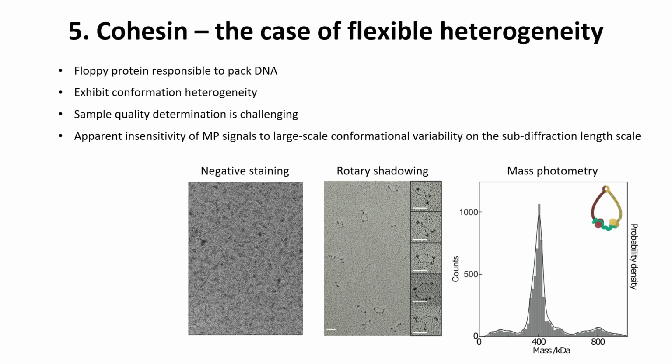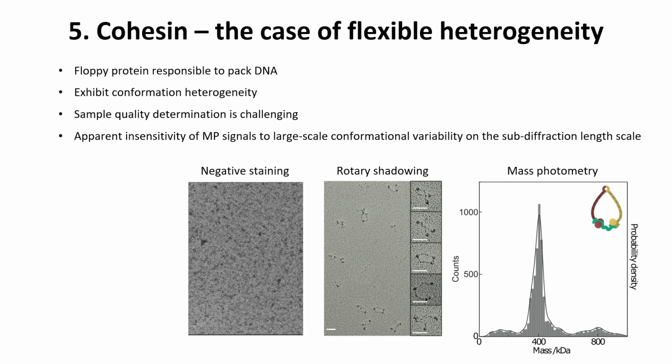Now, if you look at mass photometry, and here is the mass photometry of the same sample, you can detect that you have a really excellent sample. So mass photometry can quantify your mass heterogeneity without taking into account the structural heterogeneity. Of course, this is only for proteins which are at a length scale which is sub-diffraction.